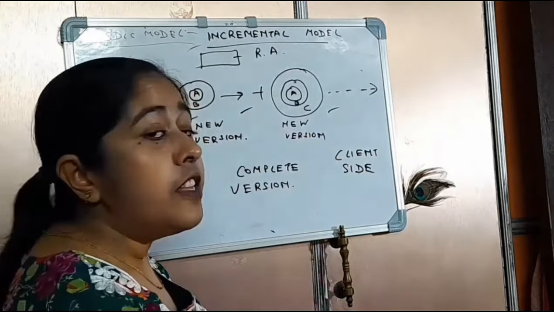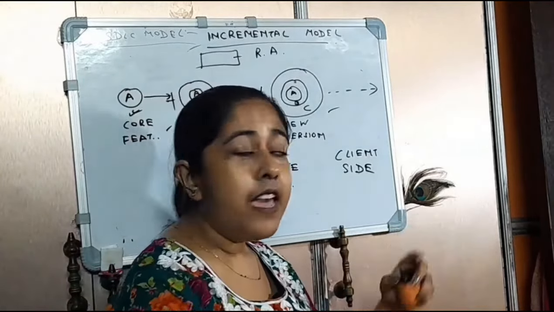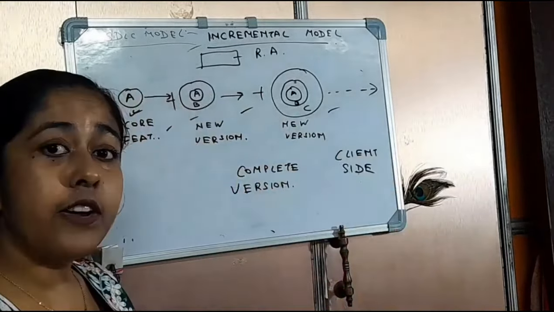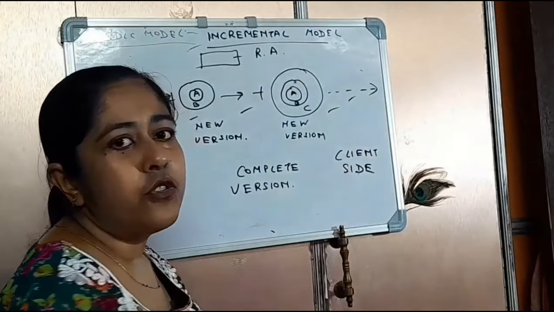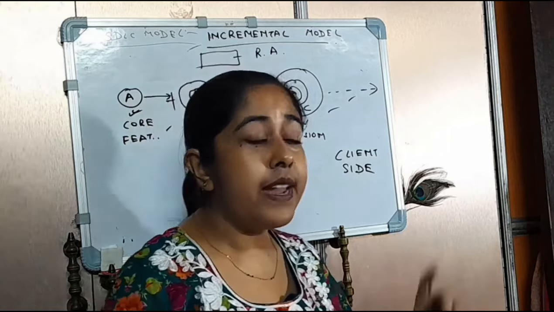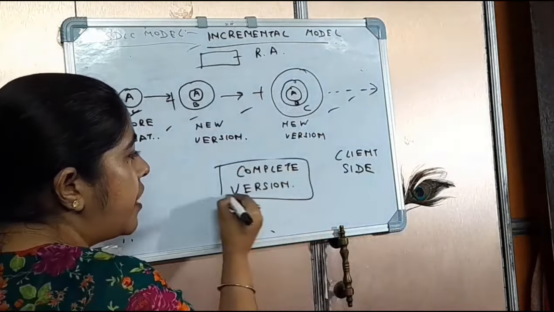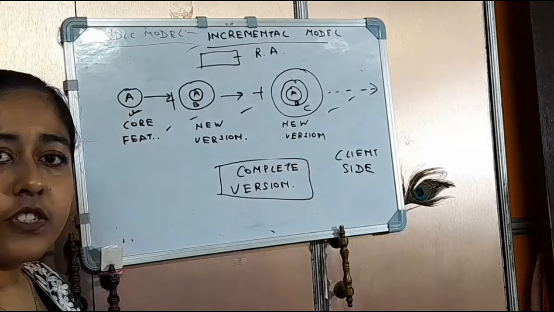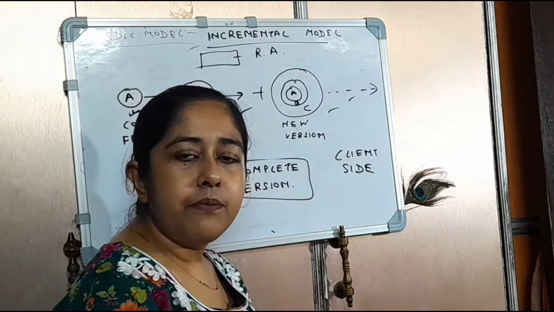Now, going from one phase to another, incrementing module by module, you go on adding, and some features are also built into this particular software. At the end of the whole phase, a complete version with the perfect features needed by the customer is present in your software.